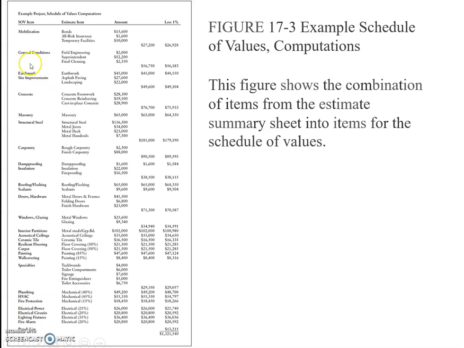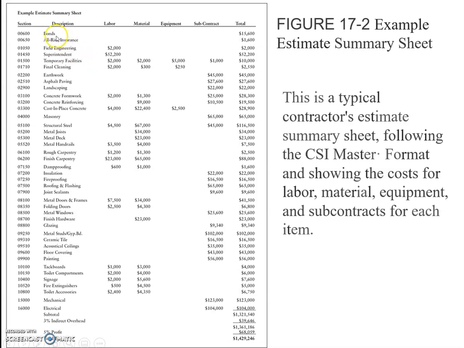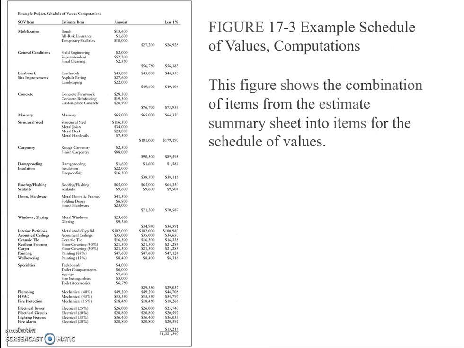Okay, so here you can see that these are the schedule of value items, and previously it was the estimating items. So estimating items and the schedule of value items may not be the same, but they may be different. Okay, and then as explained before, 1% was deducted from each of these schedule of value items as the punch list items, and then that punch list item was added later on as a line item.